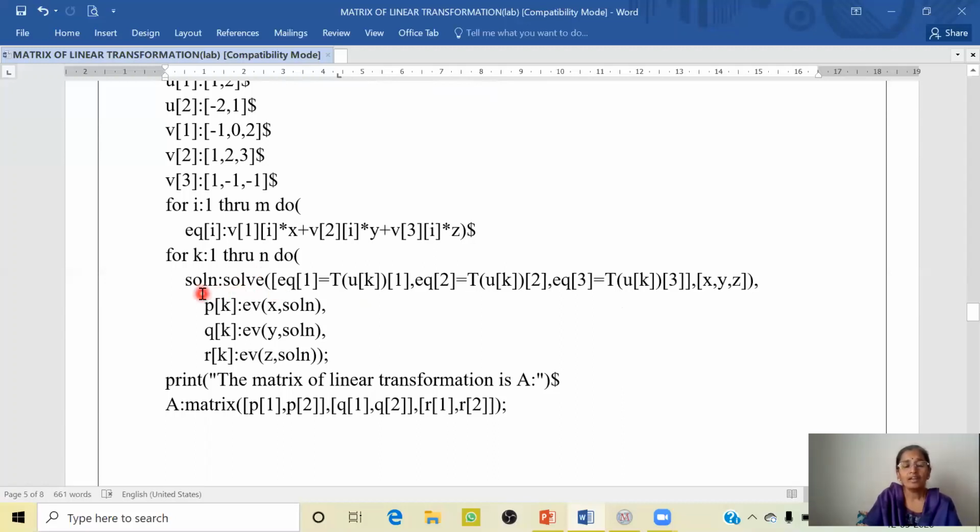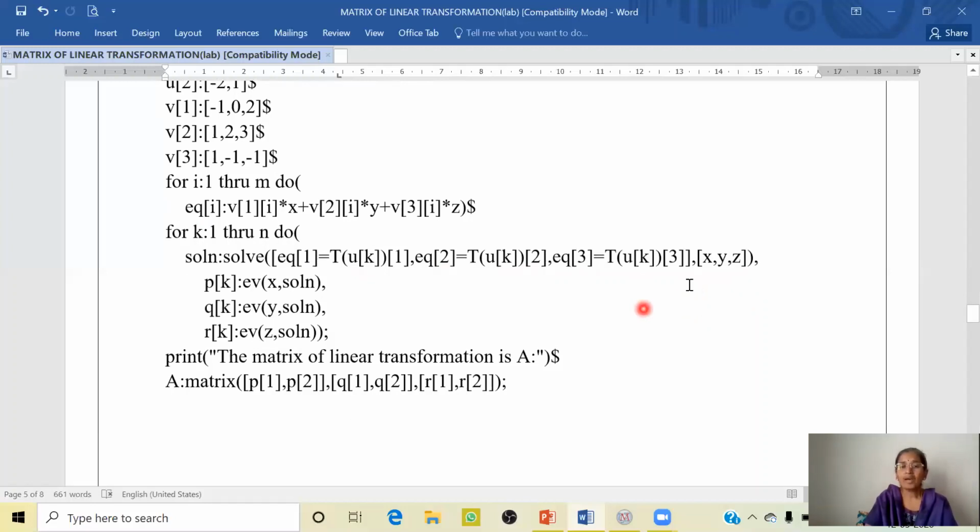So here under the solve command, we have equation 1 equated to T of U of K of 1, equation 2 T of U of K of 2, and equation 3 contains T of U of K of 3, K running from 1 to 2. So here once again we are solving for x, y, z, and here we are going to get how many values? 2 values for x, 2 values for y, and 2 values for z.